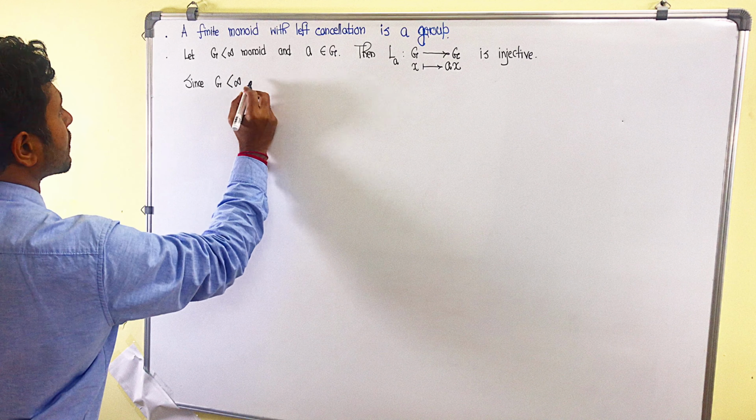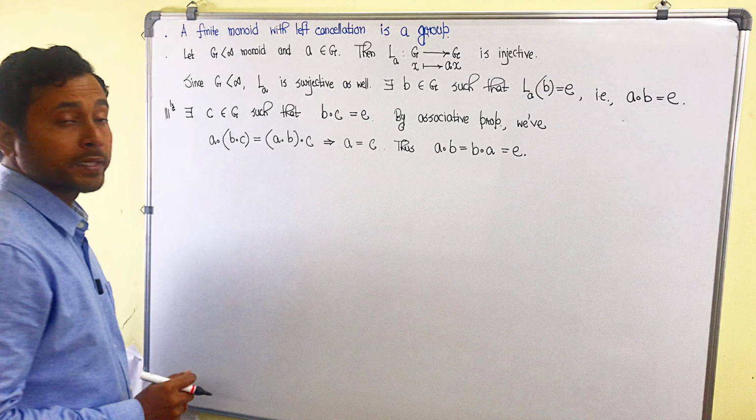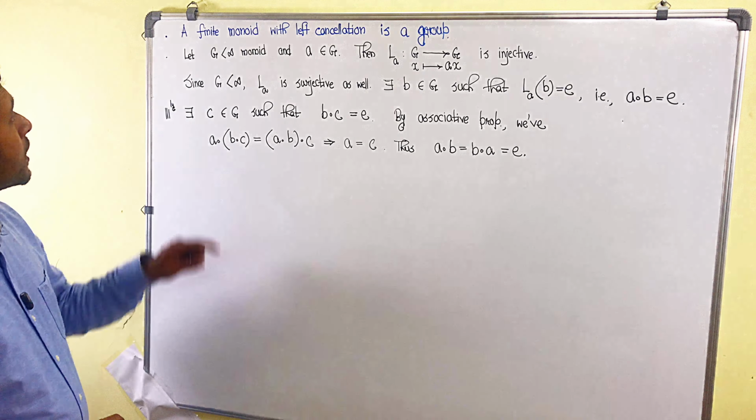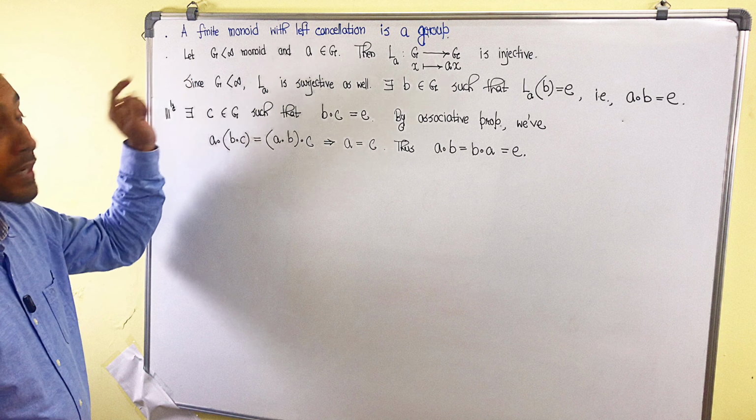So we can replace this C by A so as to obtain A compose B equals B compose A equals identity, which means B is the inverse of A and therefore A is invertible. So in this monoid, every element is invertible and therefore this monoid becomes a group.